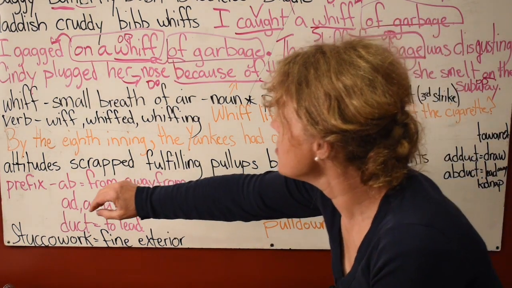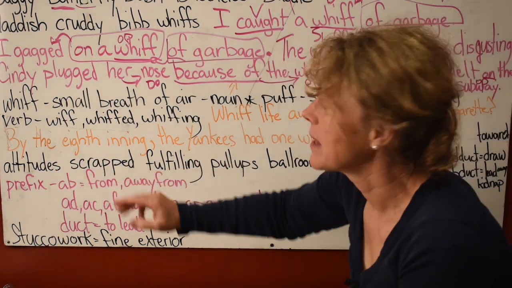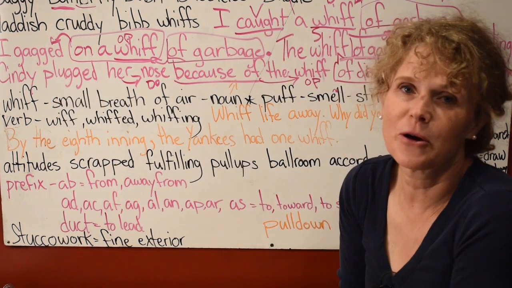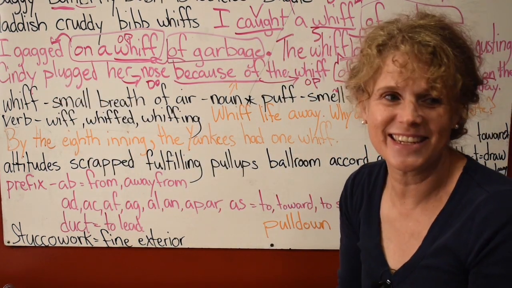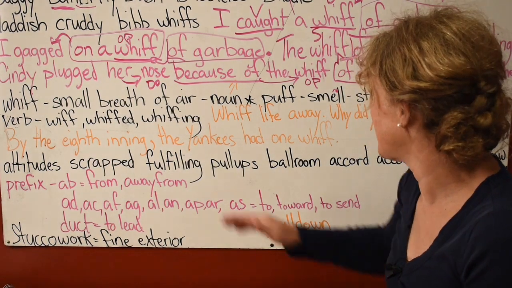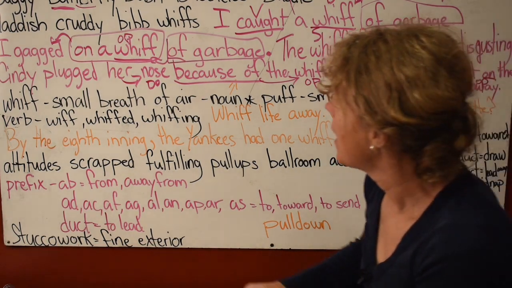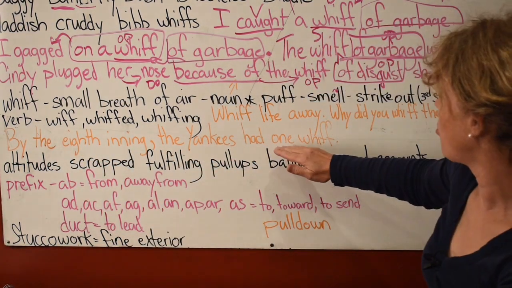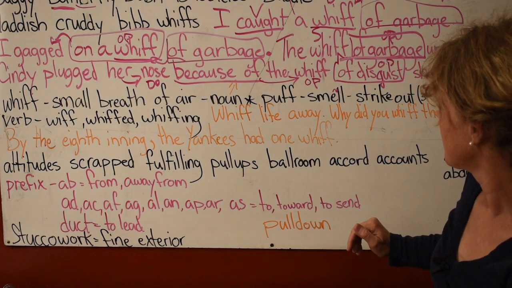Okay, so now let's look at this sentence right here. And I was thinking of my sister's family, Cindy. So I'm featuring her in this video. We just saw her and we went to a Yankees game, which was super fun. But by the 8th inning, the Yankees had 1 whiff.